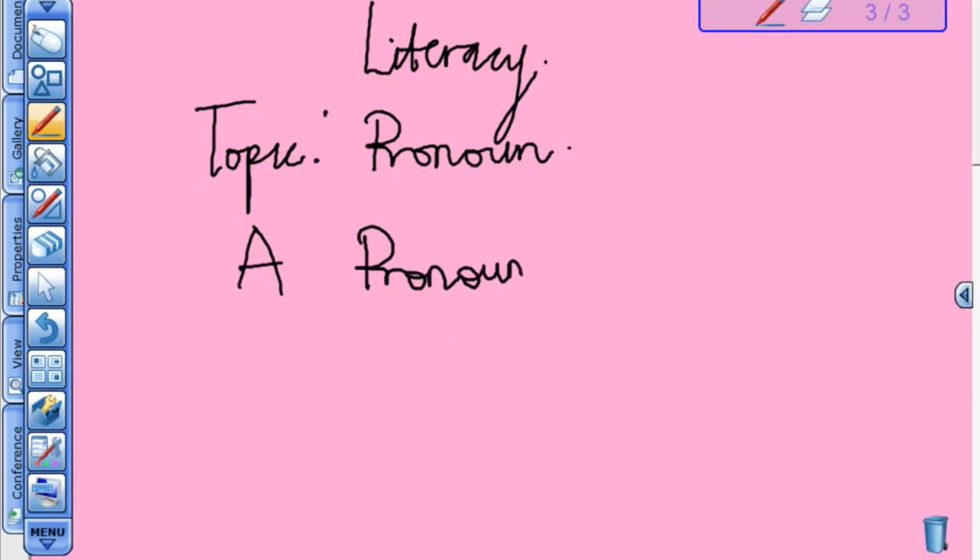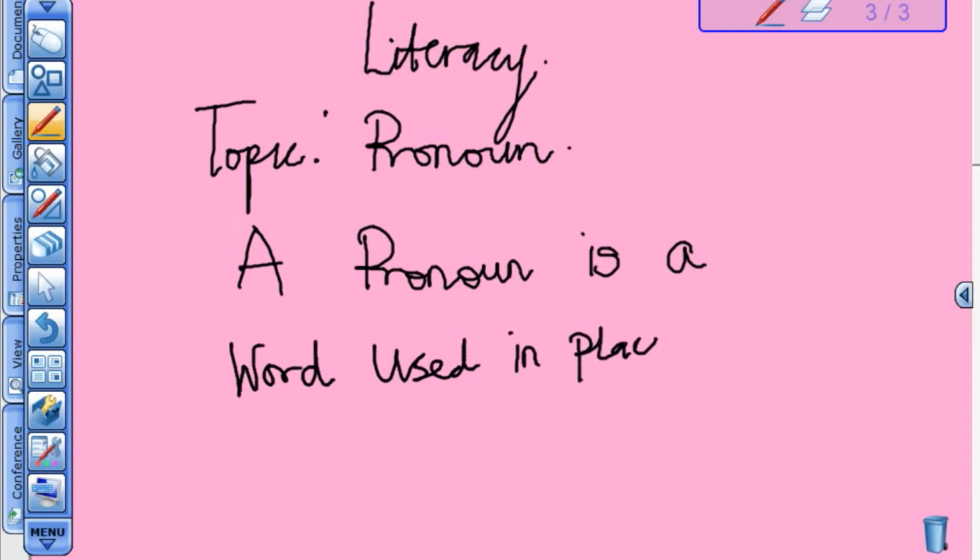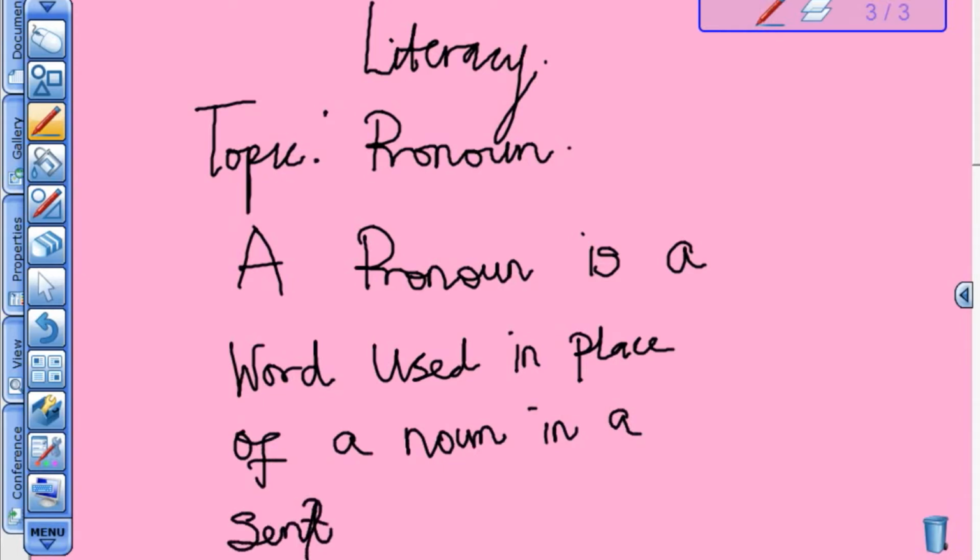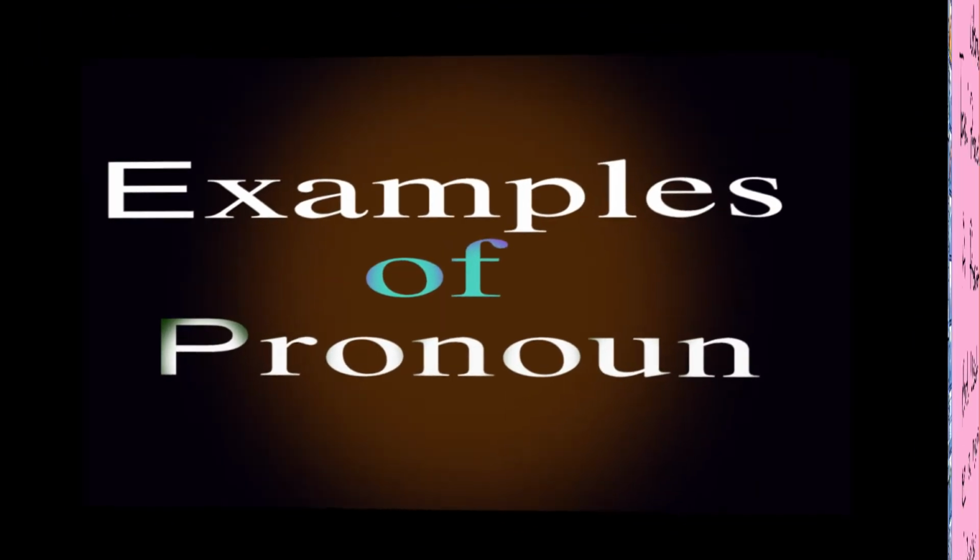A pronoun is a word used in place of a noun in a sentence.